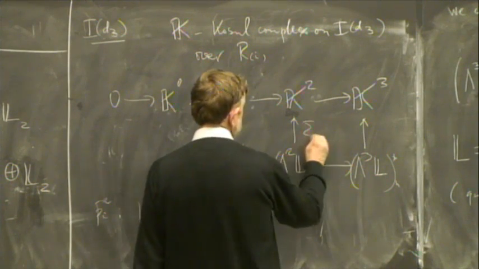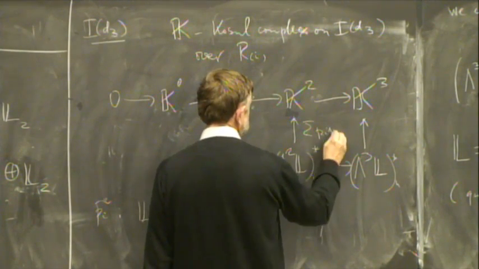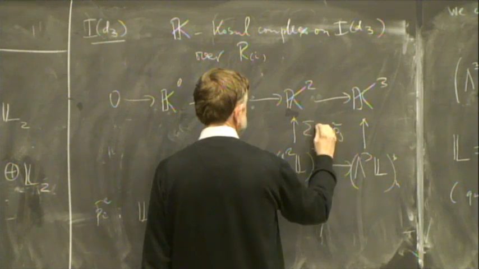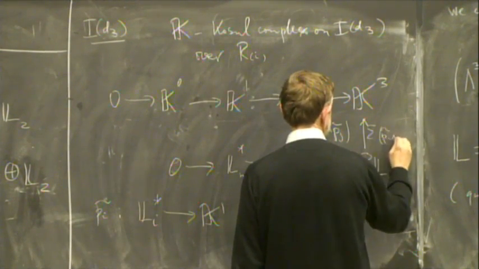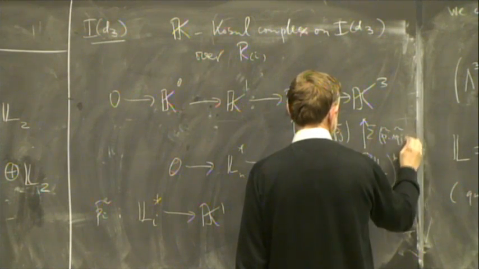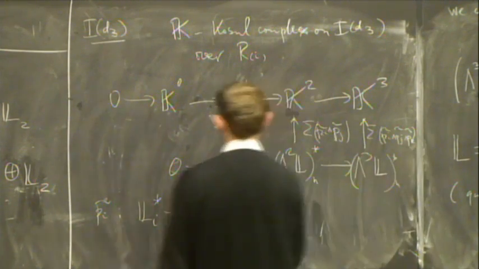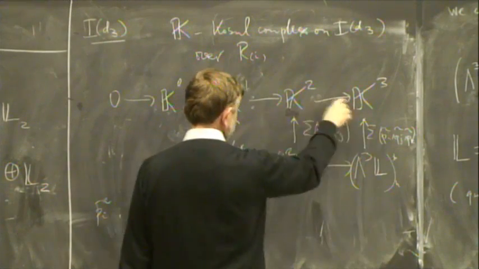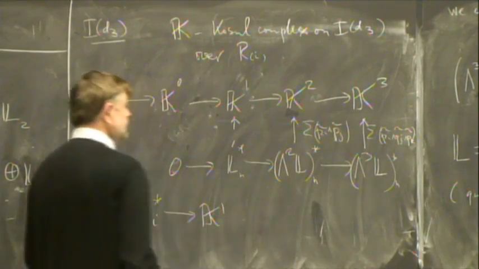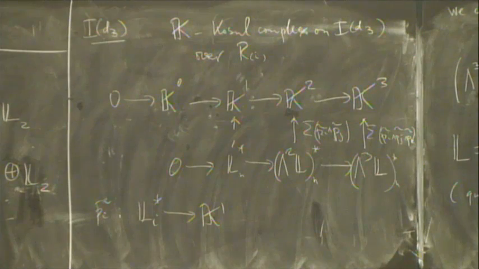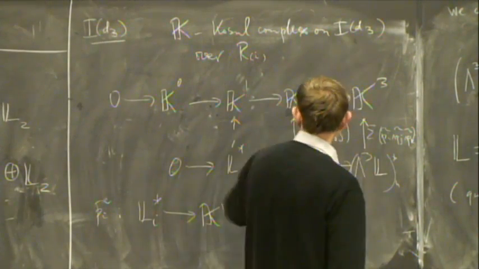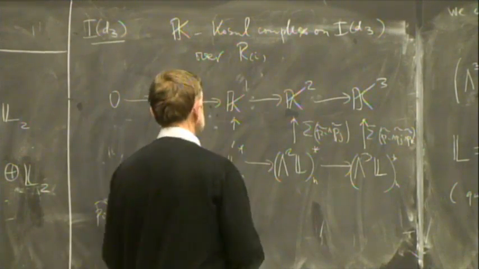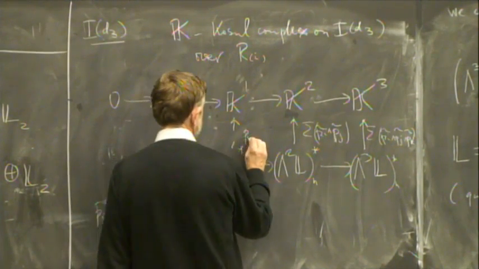So here I get the summation Pi wedge Pj tilde. Here I get the summation Pi wedge Pj wedge Pk. And this will define for me, since this will have to hold in every specialization to an Artinian ring where my complex F was acyclic, so my ideal I of D3 will have depth 2, so this will be acyclic, so then I have the factorization Pn plus 1, Pn tilde.